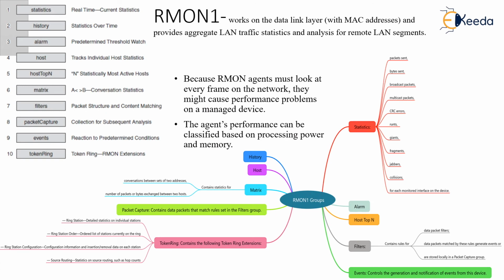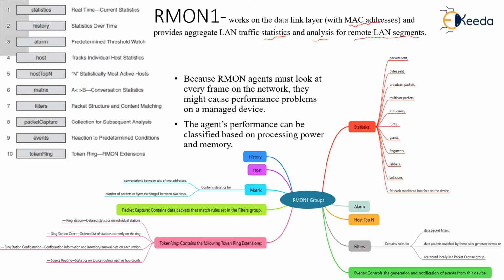Now come to RMON1. RMON1 works on the data link layer, with MAC addresses, and provides aggregate LAN traffic statistics and analysis for a remote LAN segment. Because the RMON agent must look at every frame on the network.